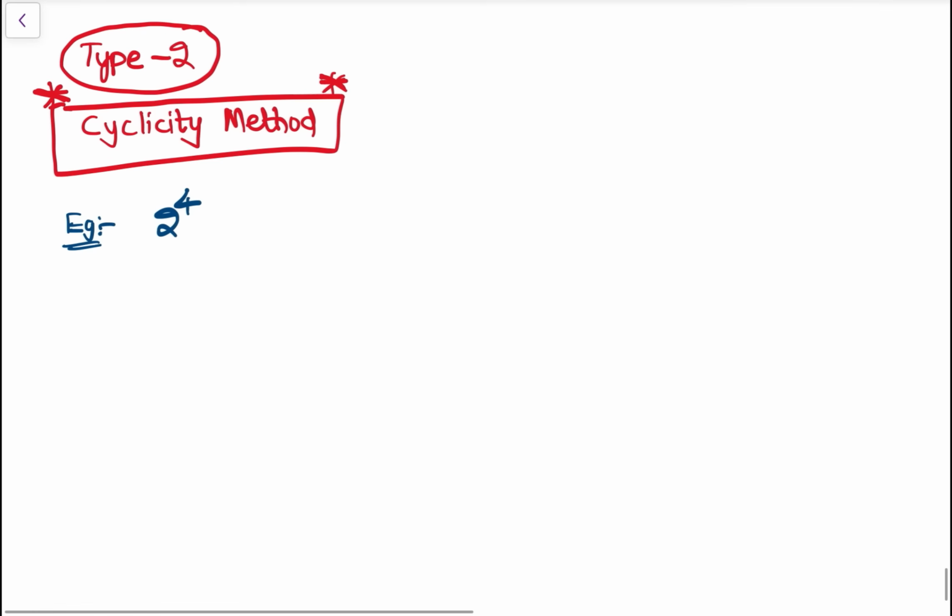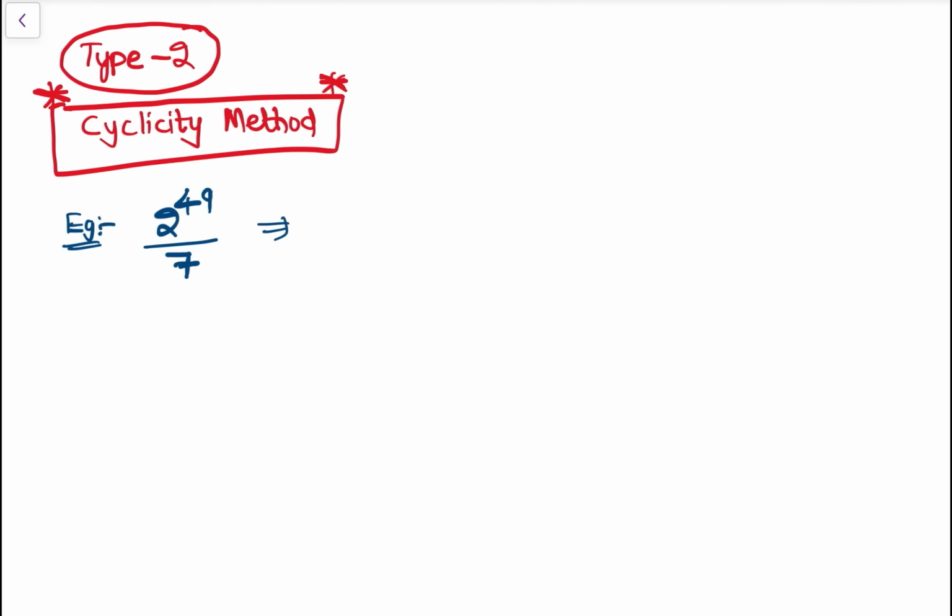Okay, remainders of numbers with power, cyclicity method से example एक कर लेते हैं. Say there is a number, when 2 to the power 49 is divided by 7, what will be the remainder? So here normal method से नहीं जा सकते.